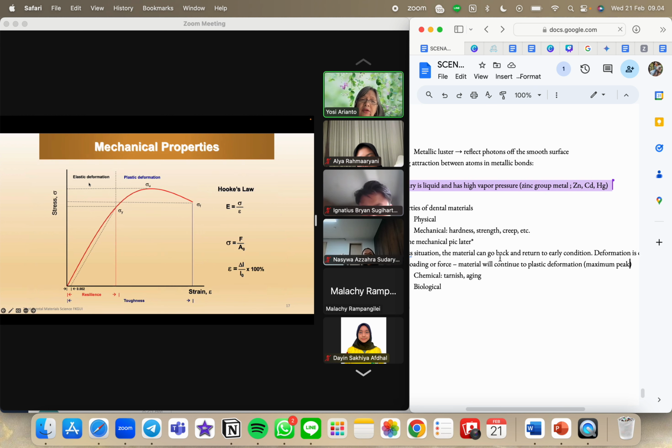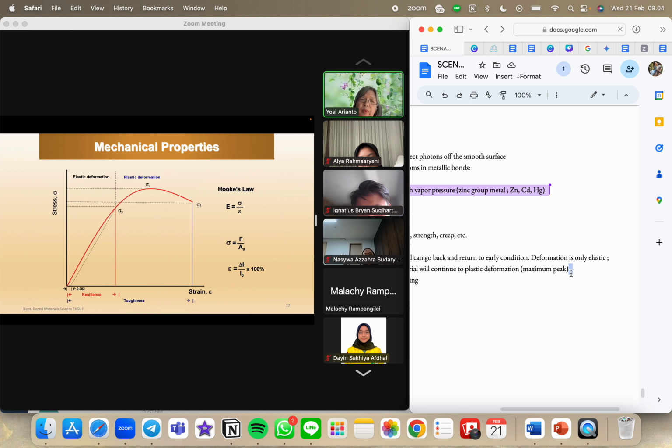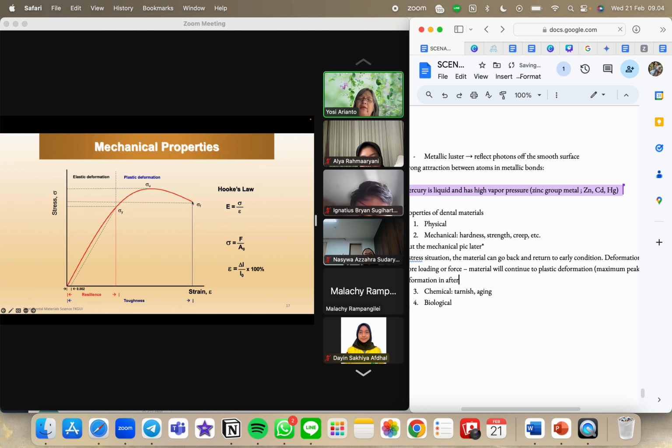So in the elastic deformation, there is no permanent deformation. But in plastic deformation, from here to here, there is permanent deformation.